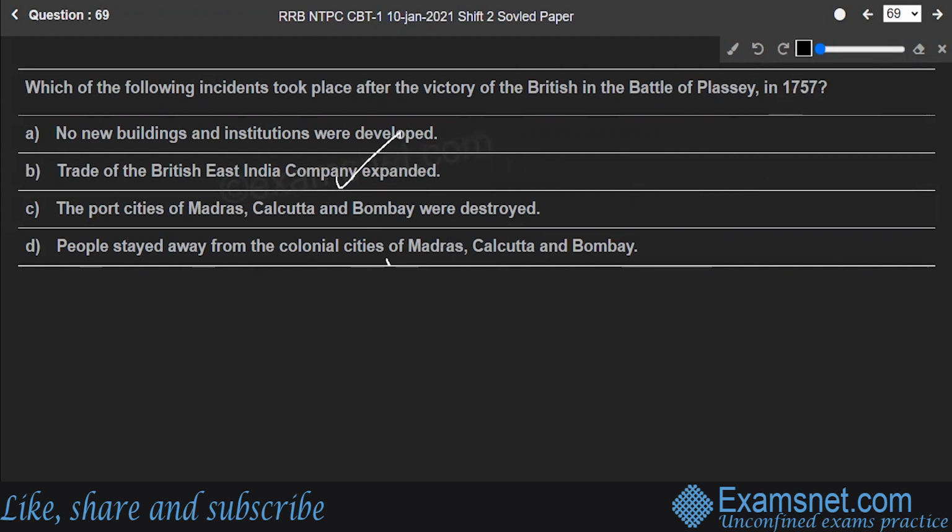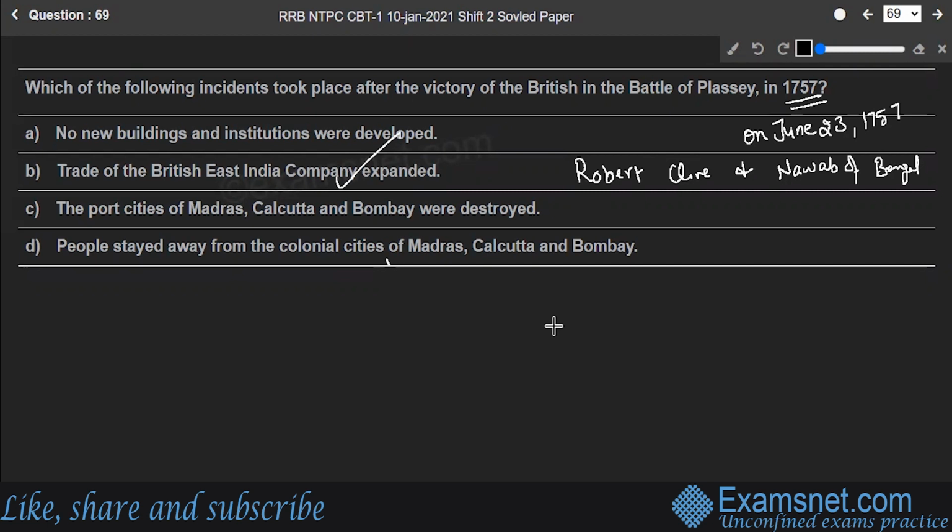The Battle of Plassey took place on June 23, 1757. It was fought between the forces of the East India Company headed by Robert Clive and the Nawab of Bengal, which was Siraj Ud-Daulah.